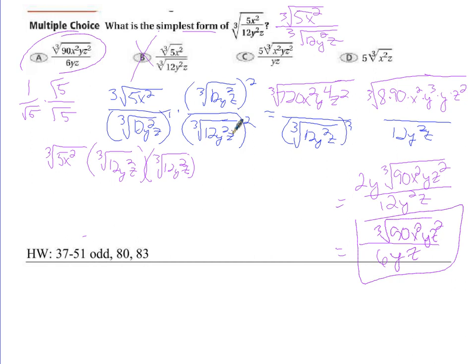So I need to multiply it times itself 2 more times to get this thing to the third power, so that the 3 here and the 3 here wipe out, and I'm left with the 12y squared z. It's a fancy one, so what you do here, and then you multiply it all out. Then you simplify as we were doing in the beginning of the section, and then you reduce it down to get to your answer.